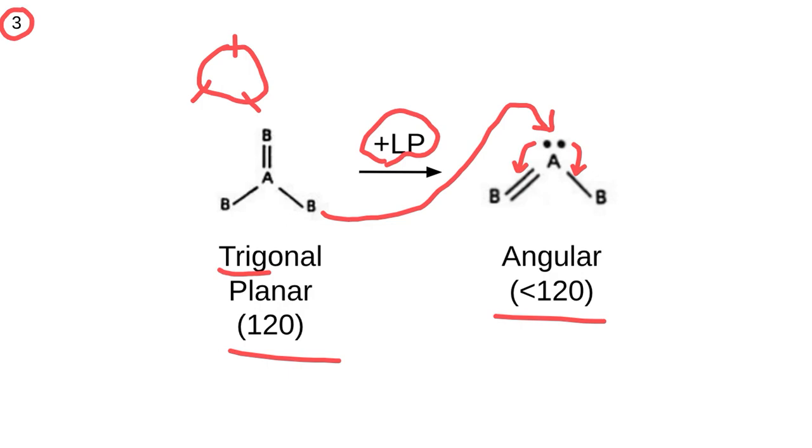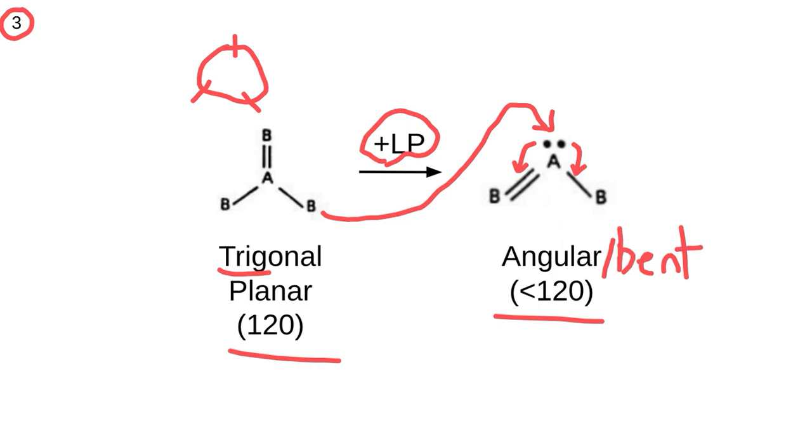It's going to be less than 120, because compared to a single bond, the non-bonding electron domain, the lone pair, has greater repulsion. Now, one thing I do want to mention is that angular can also be called bent, okay? B-E-N-T, bent.